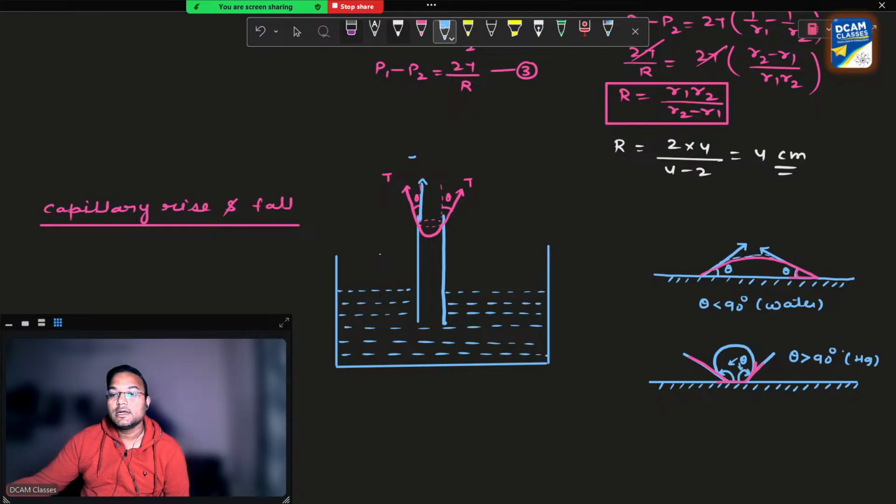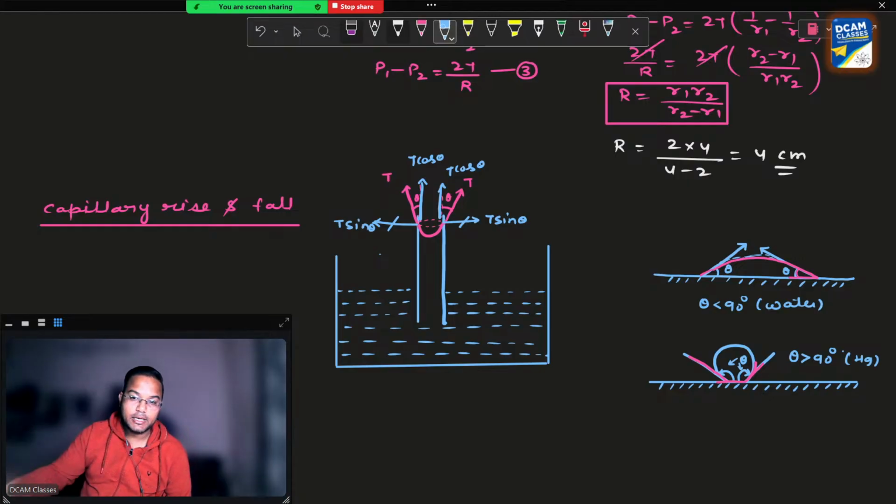One is this T cos theta like this, and the other component will be T sin theta. And if you look carefully, T sin theta component will be cancelling because it is equal and opposite. So the only tension component which is responsible for making it remain up is T cos theta.